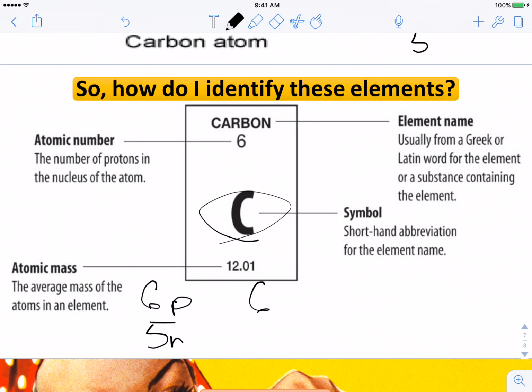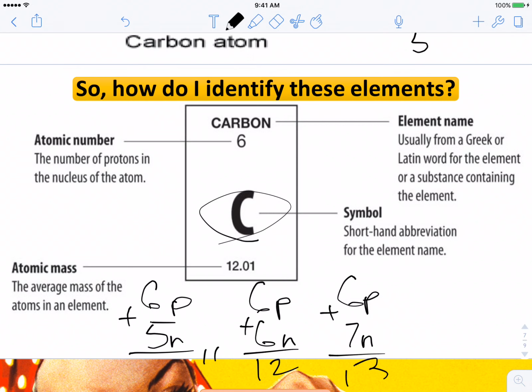Some carbons could have 6 protons and 6 neutrons, and some could have 6 protons and 7 neutrons. The average mass would be the protons plus the neutrons. So 6 plus 5 is equal to 11. 6 plus 6 is equal to 12. And 6 plus 7 is equal to 13.